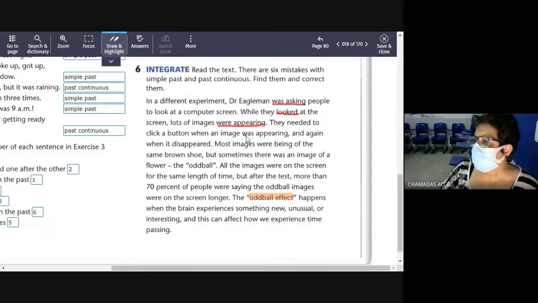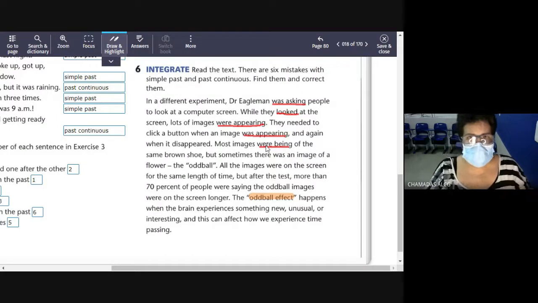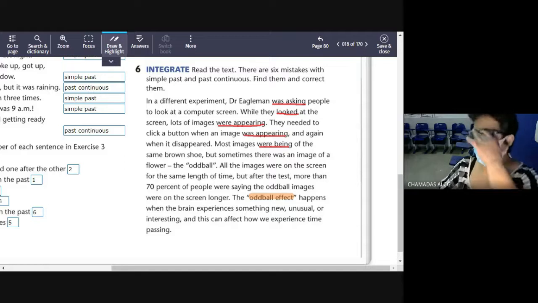Okay? Look. And again, when it disappeared. Most images were of the same brown shoe. So here, this is wrong. Here it should be simple past, okay?